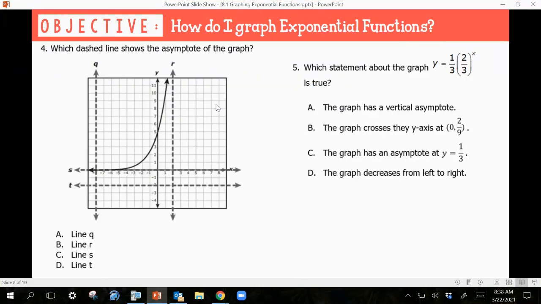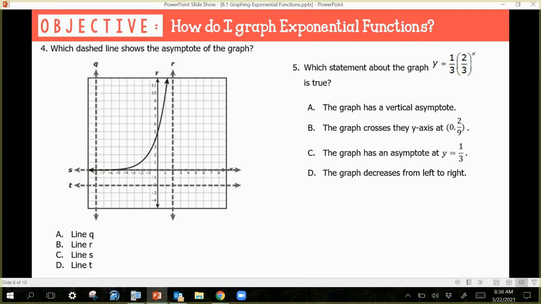Number 4, which dashed line shows the asymptote of this graph? We know that asymptotes are always y equals and are always horizontal. Those go hand in hand. So which two can we automatically cross off because they're not horizontal lines?